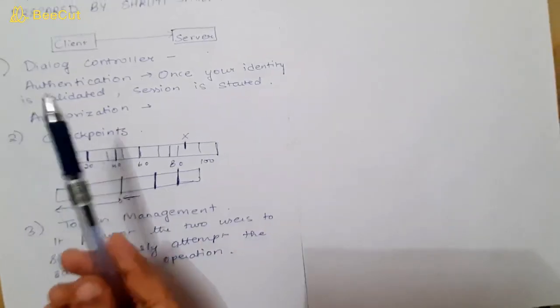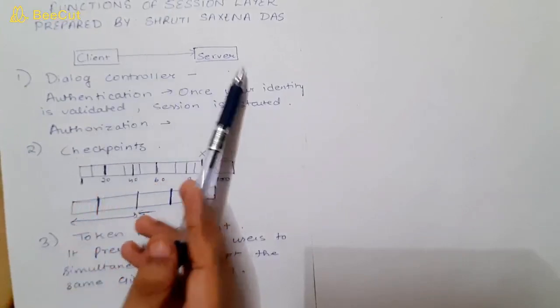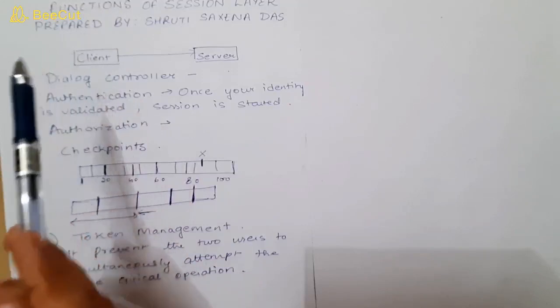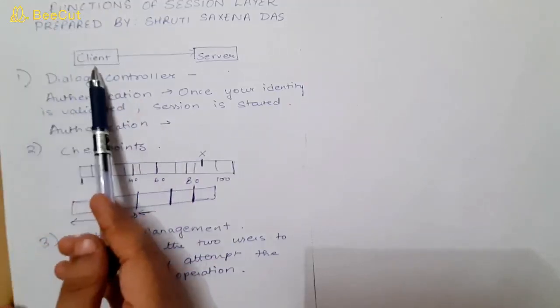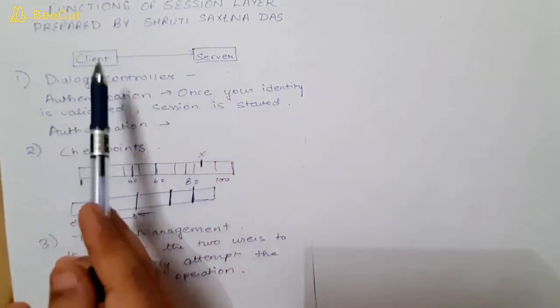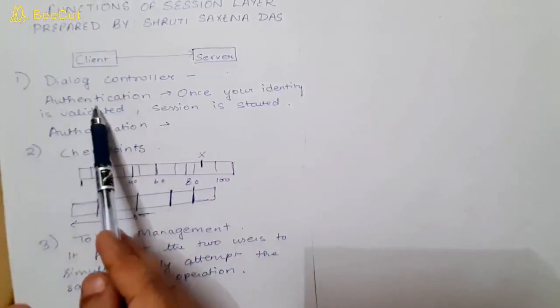I gave the example of Gmail: if clients want to access a Gmail account, a certain port number dedicated for Gmail will be used, and from there the session will be established once the user is authenticated. After authentication, authorization is needed.